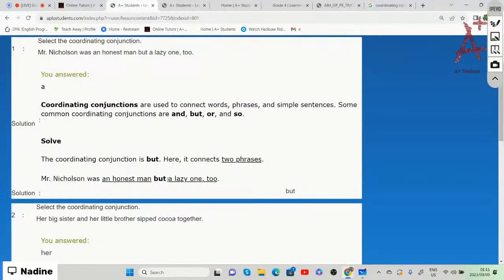Some common coordinating conjunctions are and, but, or, and so. So, out of the seven coordinating conjunctions, the most common ones are and, but, or, so. So, that is the coordinating conjunction as well as the common coordinating conjunctions that are mainly being used.